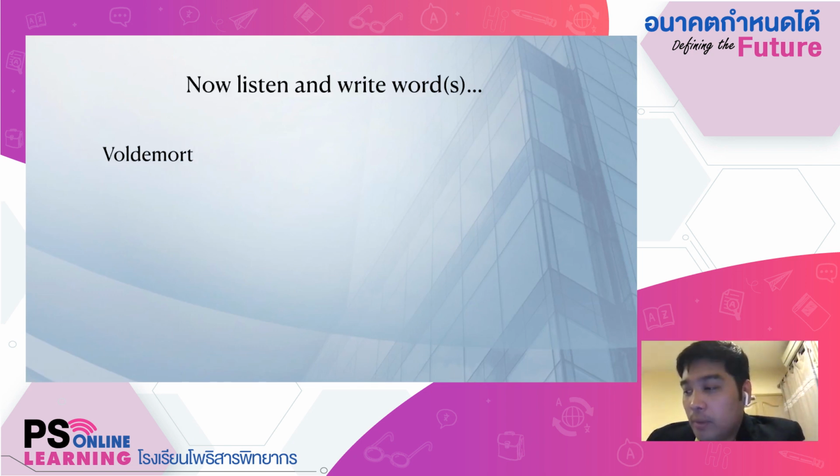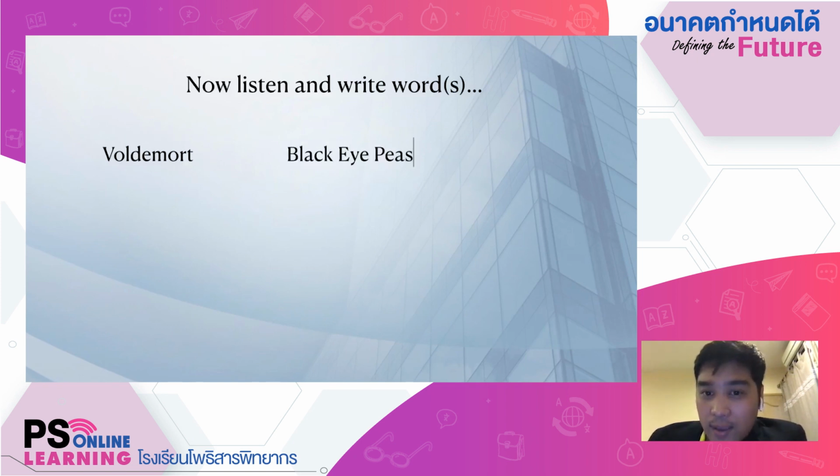Bravo, Lima, Alpha, Charlie, Kilo, space, Echo, Yankee, Echo, space, Papa, Echo, Alpha, Sierra. It makes what? Black eyed peas. Next words.